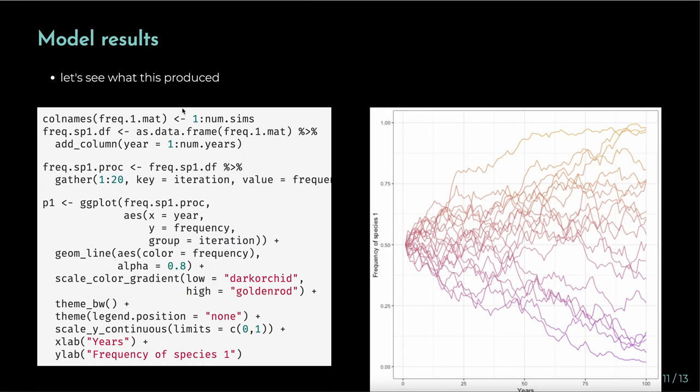And then we do the exact same thing we did earlier. We add the column names, we add the year column, we gather it, we plot it, and this is the output. Because we have more individuals, we're less likely to see actual full extinction in the model.